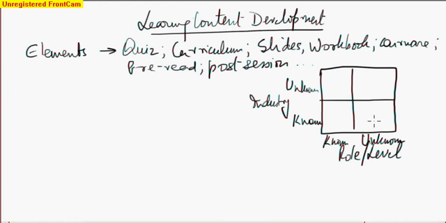And now obviously when you're looking at the box of unknown industry, unknown role, this is the most difficult content that you will be developing. Because you, as a content developer, have to really learn a lot before you start putting your thoughts together. Known industry, known role: this is a quick win. Not an issue.